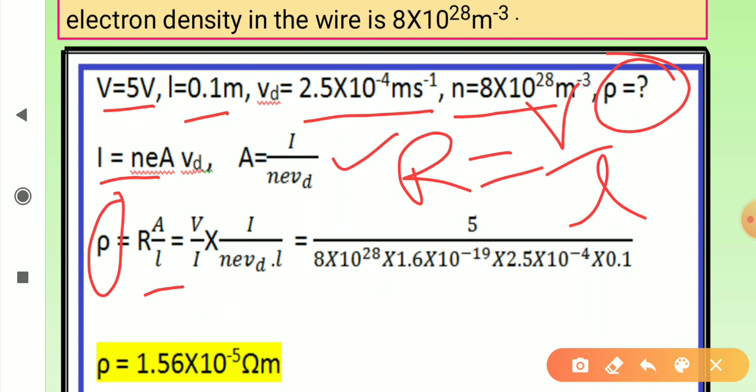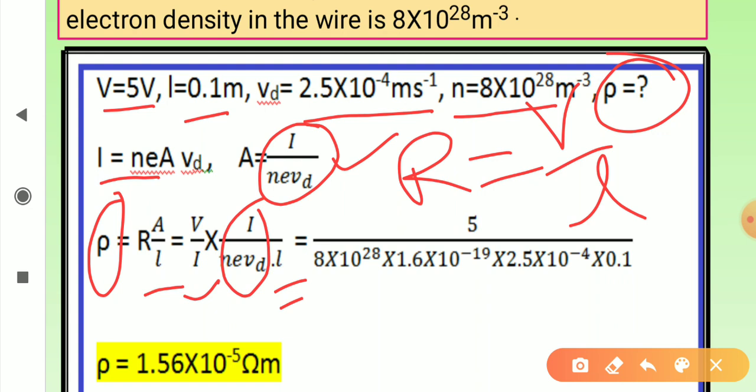So in place of R we place V upon I. Area A we have just found out, that is I upon neVd. So in place of area we have placed this, and upon L is already there, right?